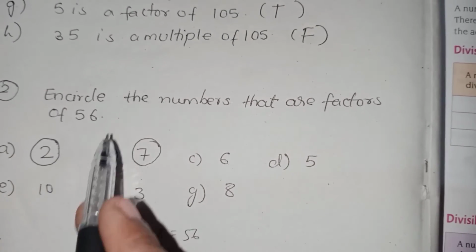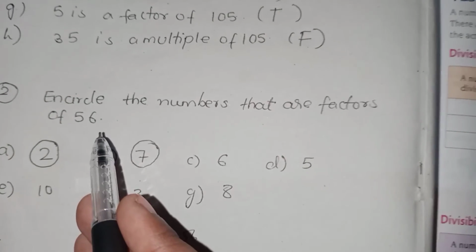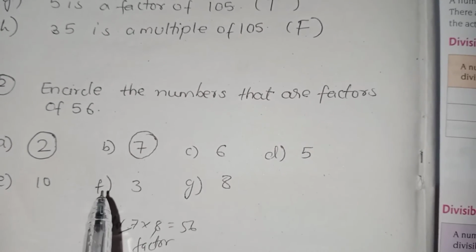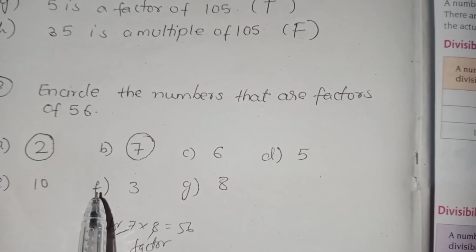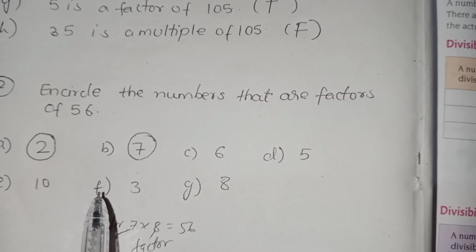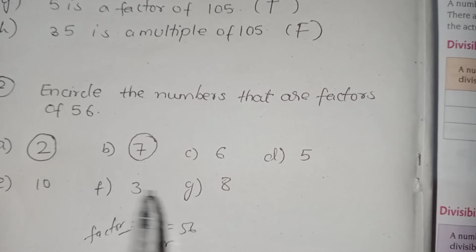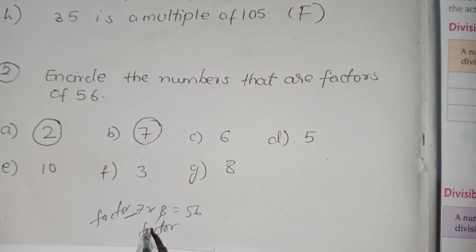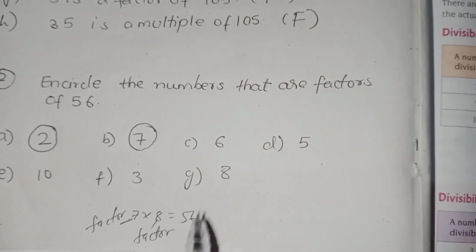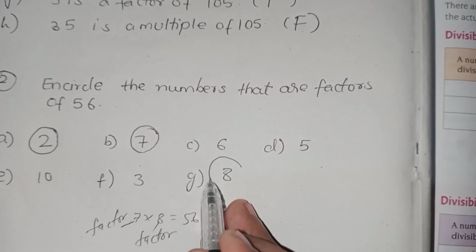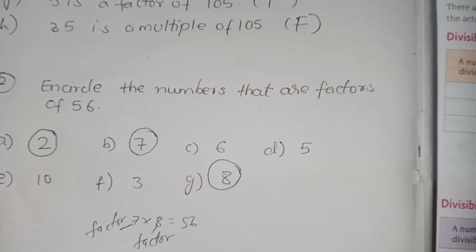It should be 0, then 10 could be the factor of that particular number. So it is also not. Is 3 the factor? No, it is also not the factor. Is 8 the factor? Yes, you can see here I have written that 8 is the factor. So circle this.